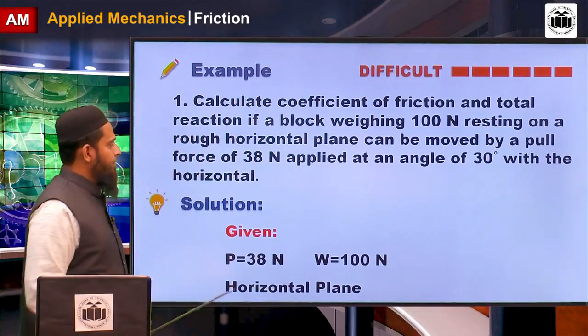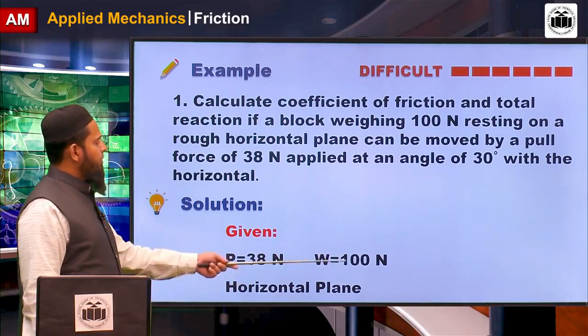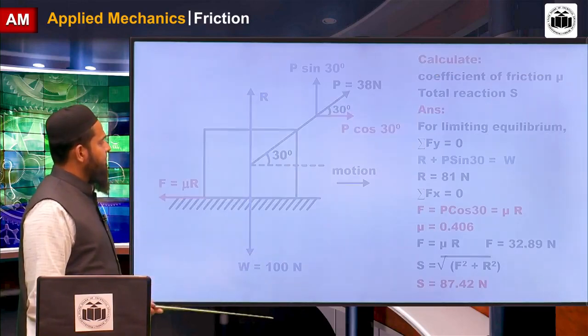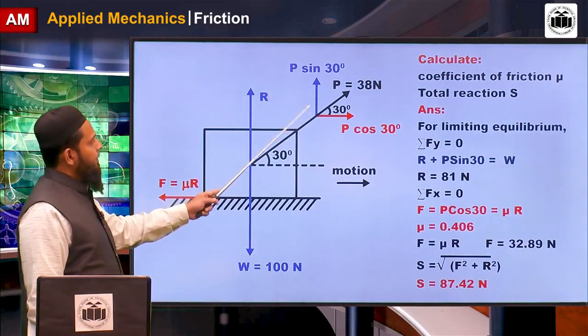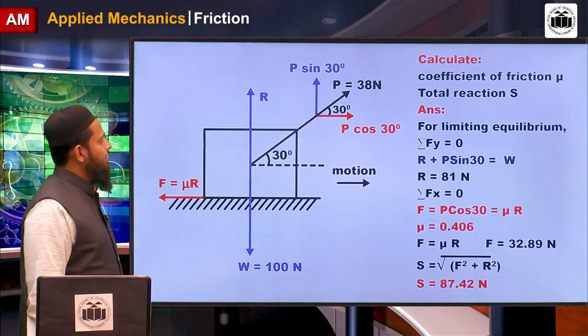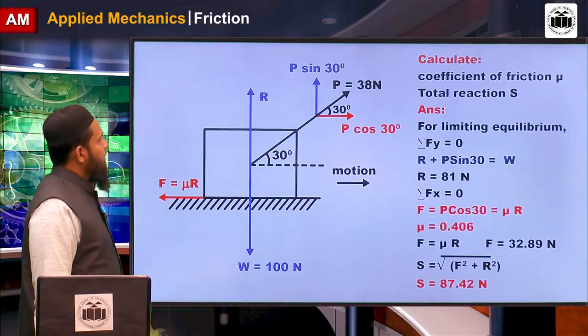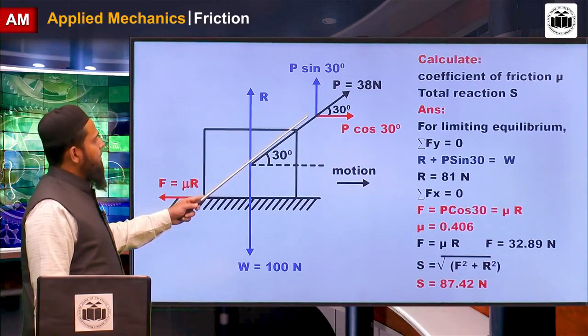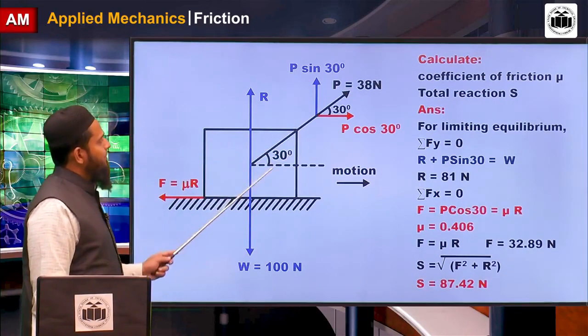Example first: a block on a horizontal plane with pulling force 38 Newton and W equal to 100 Newton. The pulling force is 30 degrees to the horizontal surface.